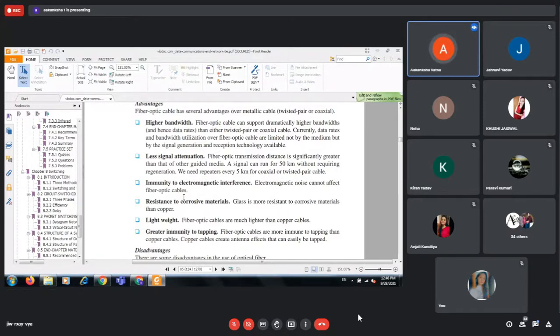What will happen if somebody cuts your coaxial cable in between and taps into it? They can interpret whatever signals you are sending, steal your confidential data, and use it against your organization or yourself. So that is the disadvantage of coaxial cables.